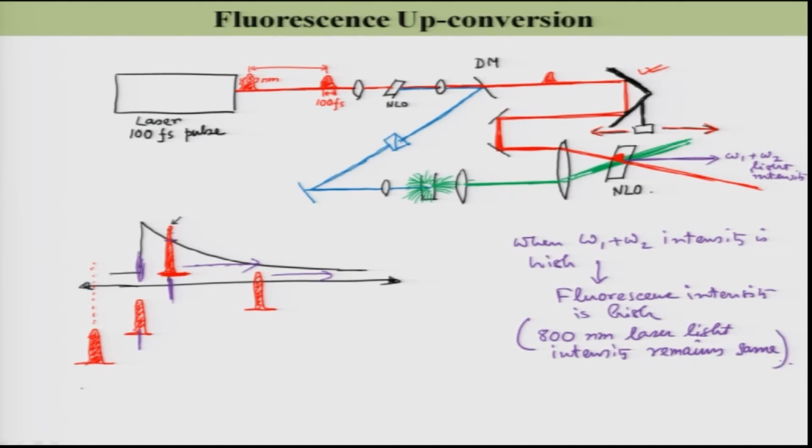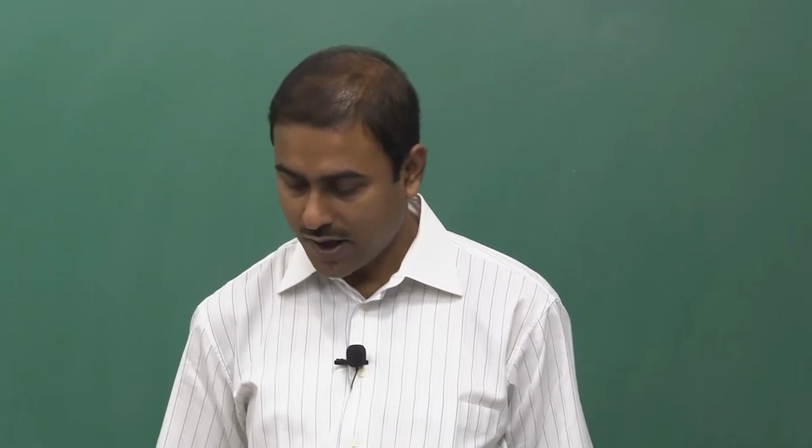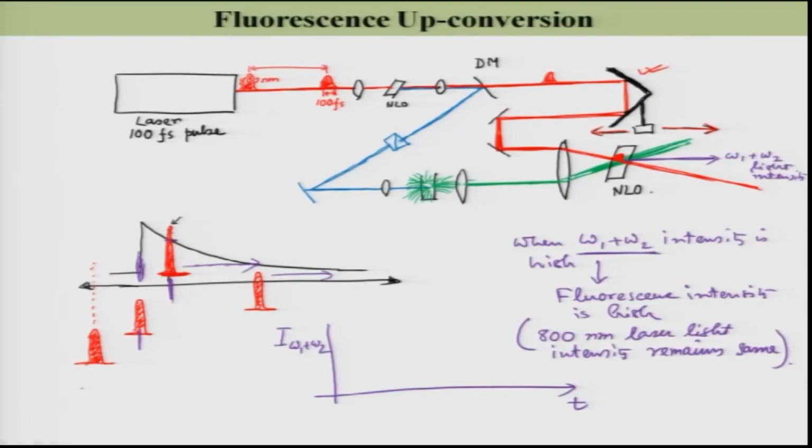Okay. So, I can plot the intensity of omega 1 plus omega 2 light as a function of the displacement here, and you remember I said that light travels 0.3 micron in 1 femtosecond. So, if I plot displacement, you can readily convert that displacement to time. So, displacement is time for me in this case. When the 800 nanometer light is at this position, I will get 0 intensity over here.